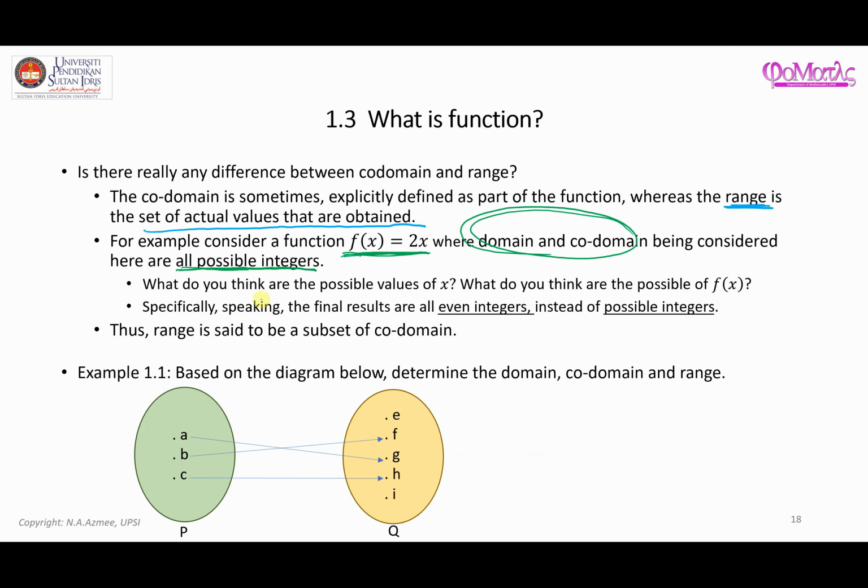Now, when you look at it, what do you think are the possible values of x, and what do you think are the possible values for f(x)?